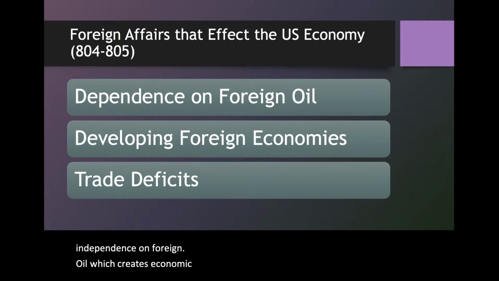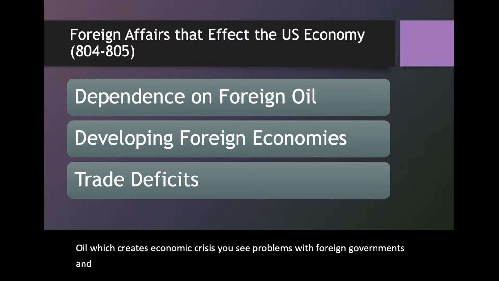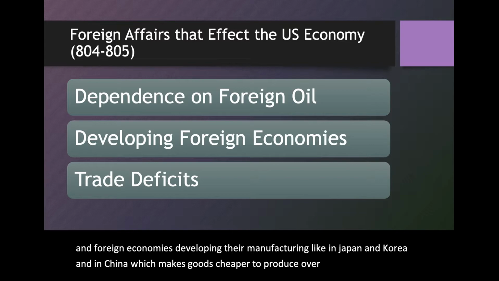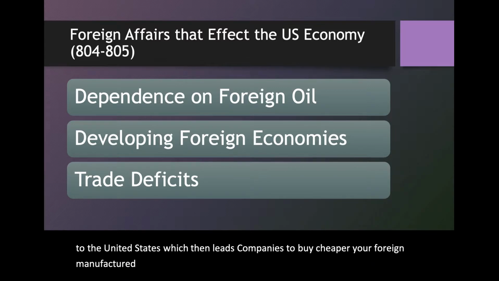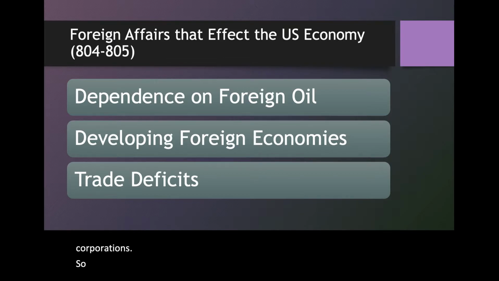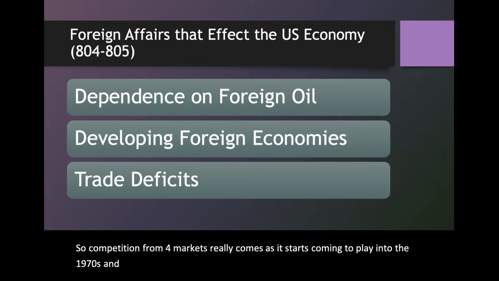You see foreign governments and economies developing their manufacturing, like in Japan and Korea and in China, which makes goods cheaper to produce over there compared to the United States, which then leads companies to buy cheaper foreign manufactured goods, causing, again, loss of American jobs and loss of profits for major corporations. So competition from foreign markets really starts to come into play in the 1970s and well into today's economy even.